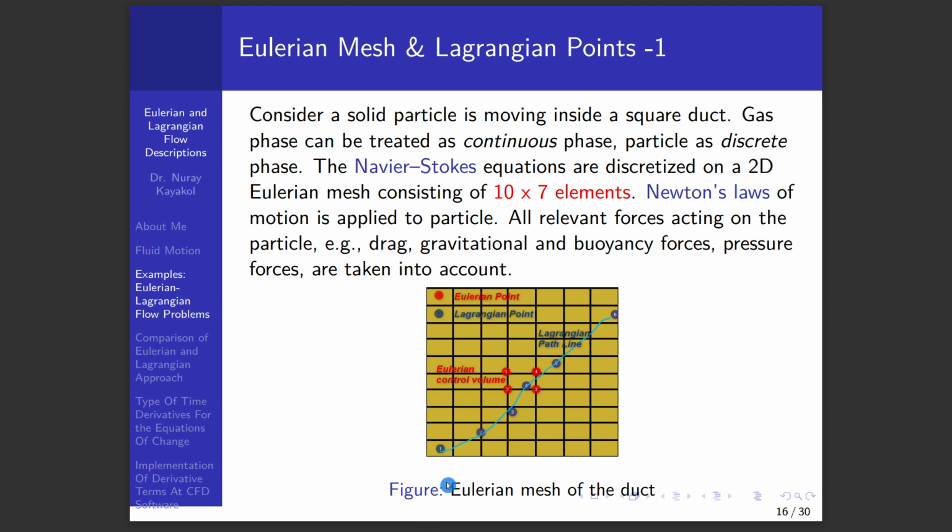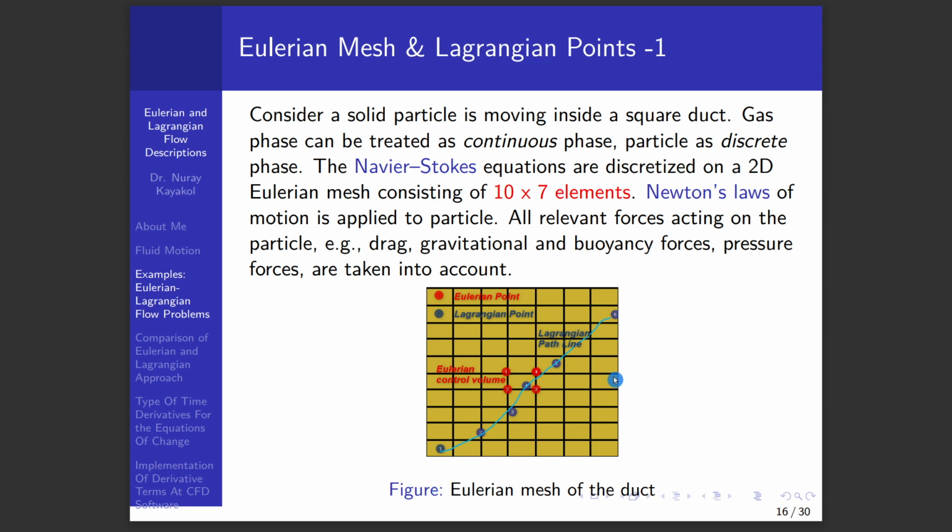The particle moves from 1 to 6. You see this light blue arrow will show the Lagrangian path or line. So depending on your time section, you will catch the particles at certain positions, so it's changing from 1 to 6.